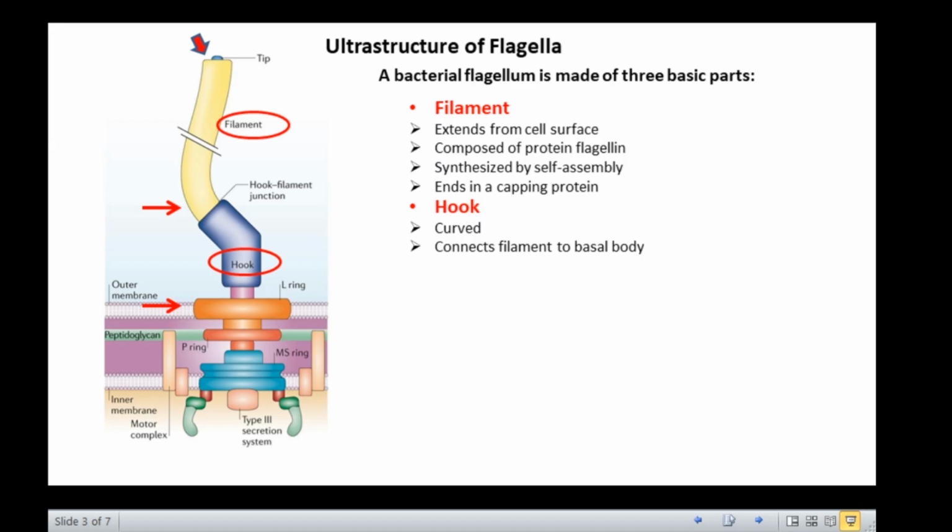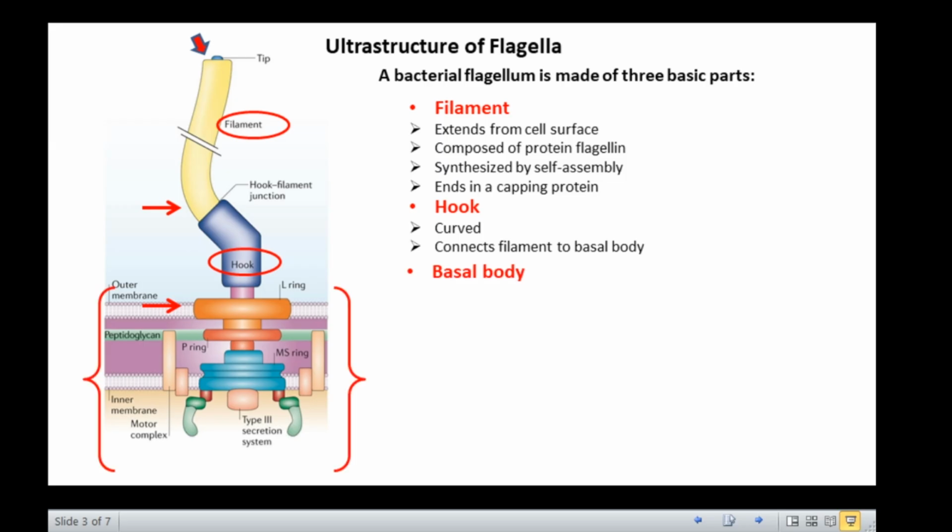The hook is made up of a single kind of protein called hook protein or FLGE. The hook does not self-assemble like the filament but requires a helper protein FLGD. There are two minor proteins between the hook and the filament called hook associated proteins HAP1 and HAP3.